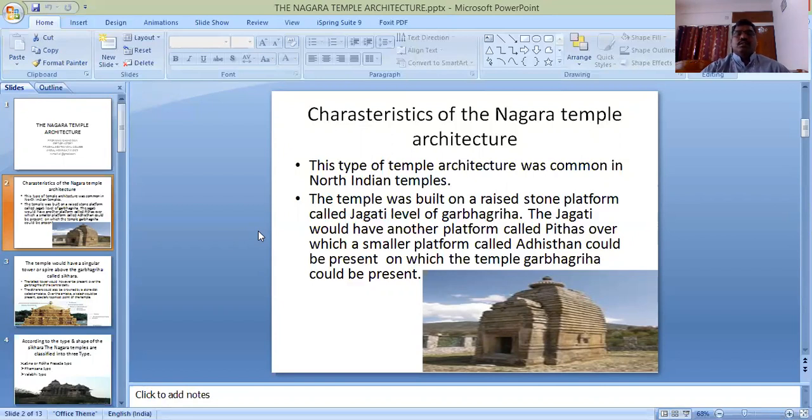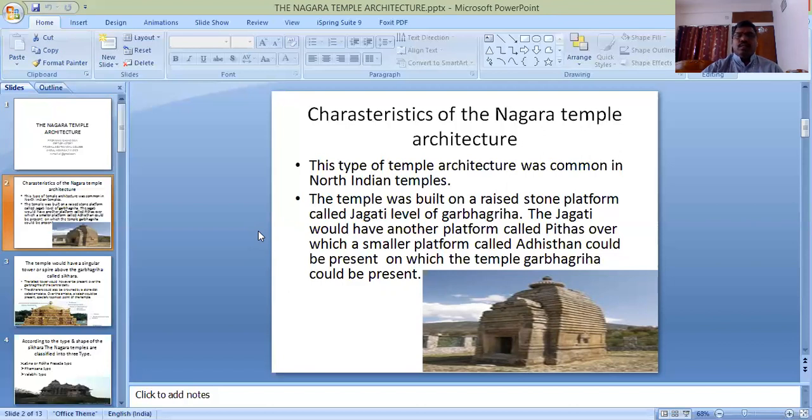Here I am trying to present the characteristics of the Nagara Temple Architecture, which is very essential to know for the distinction of the temple architecture, especially related to the ancient temple architecture.